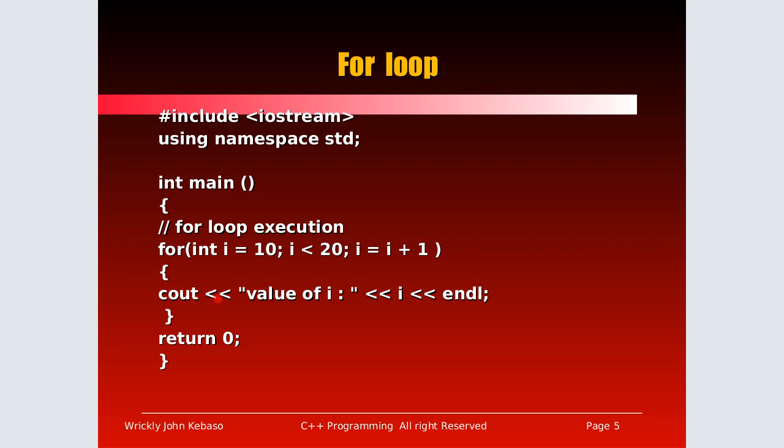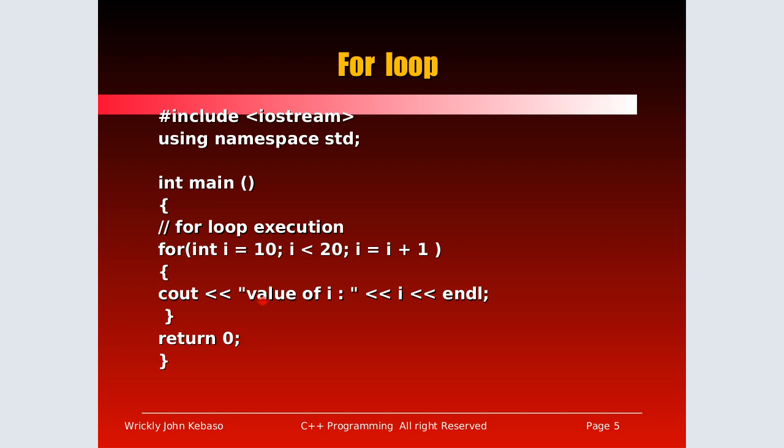The insertion operator will not be seen. What will be seen is the value of I, which is a string in double quotes. That's the syntax. It must always be in double quotes.